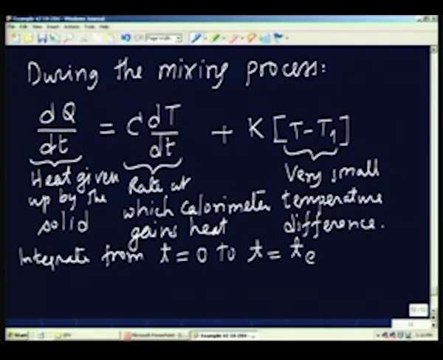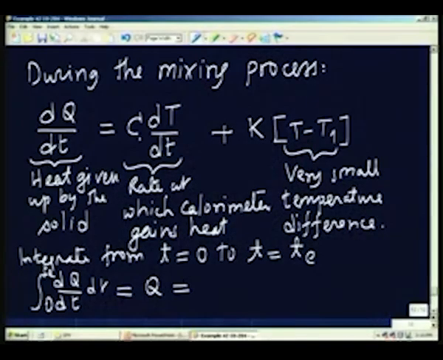The integral of dq by dt from 0 to te should simply give Q, the amount of heat given up by the solid material as it cools from its own higher temperature to the final terminal temperature.